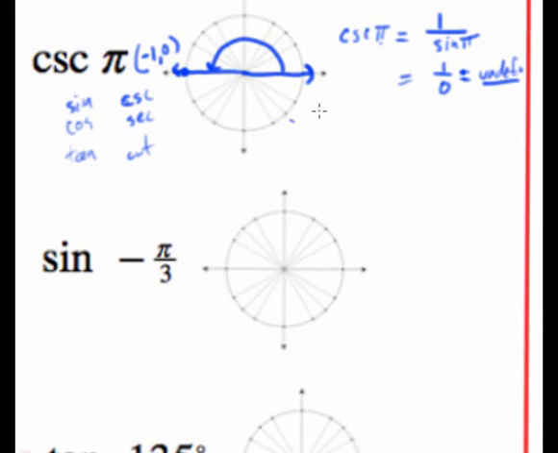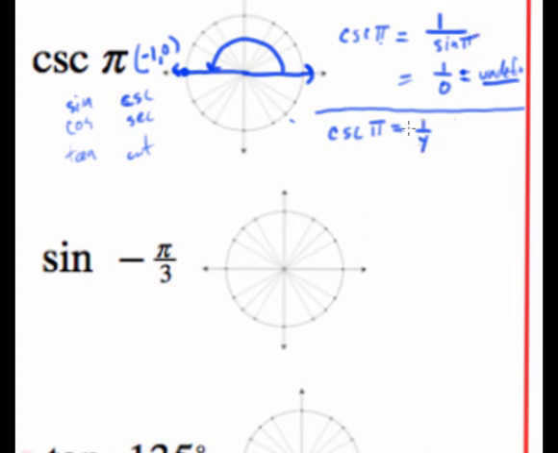All right, the other way we looked at it is that the cosecant of pi is just 1 over the y value. That's all I'm really doing up here when I'm taking the reciprocal. It's just 1 over the y value.